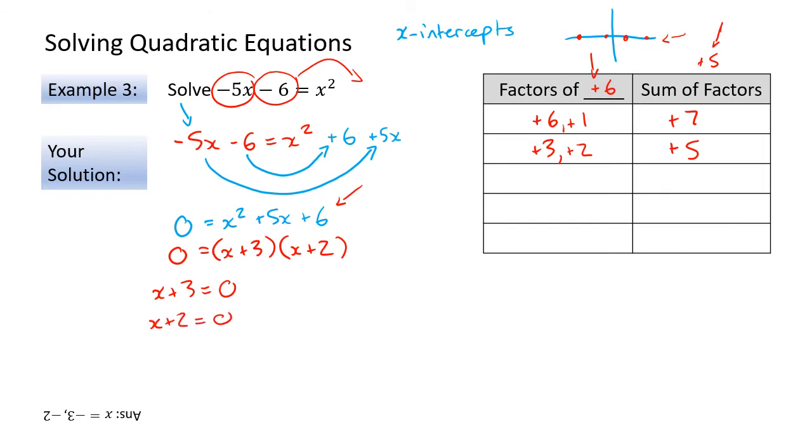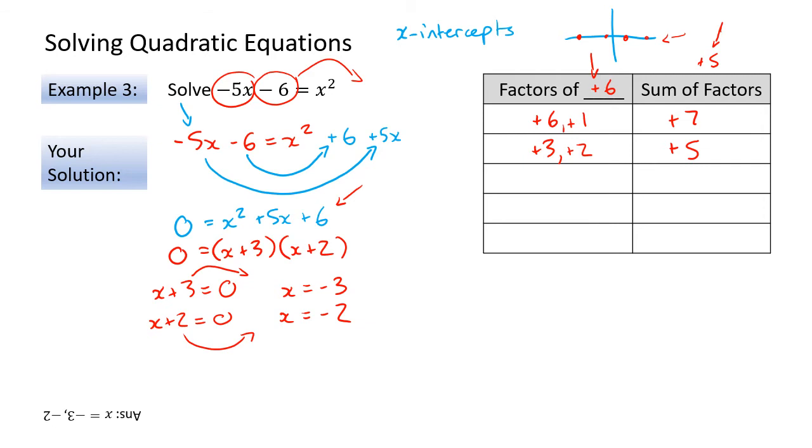So if we solve for each of these, again, by moving the number to the other side of the equation, we get that x is equal to negative 3, or x is equal to negative 2. Okay, those are our two options in order to solve this equation.